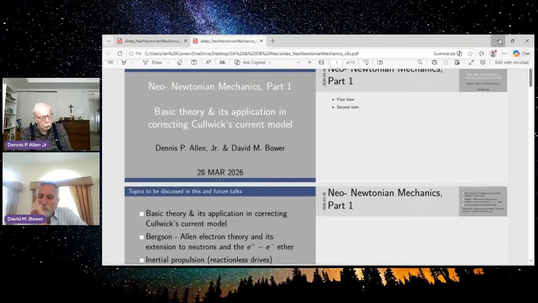But his problem is that in the experiments he's done, the weight loss is so small that it's hard for him to get people to believe it's real, not just an apparatus effect. But he keeps on working. He keeps doing these experiments. Now, why don't we go through the slides?